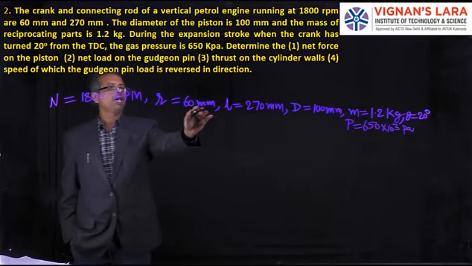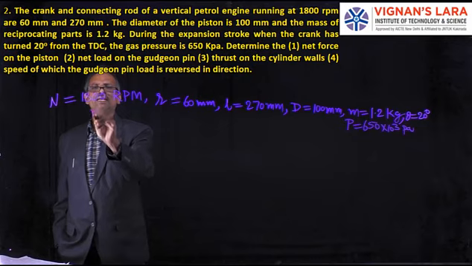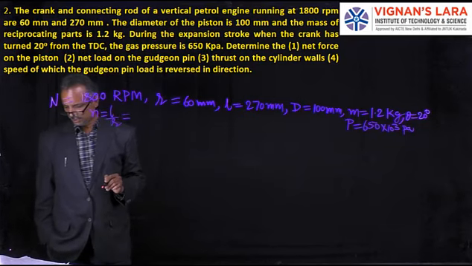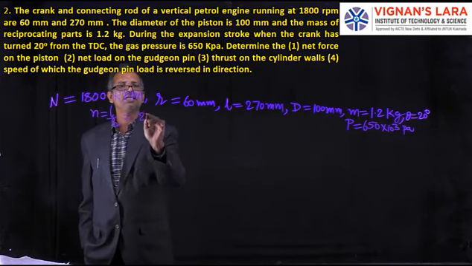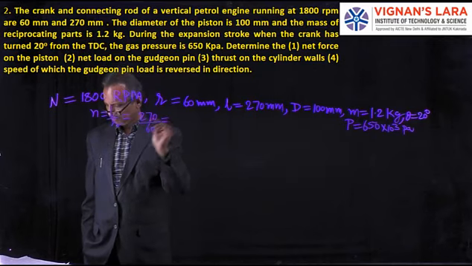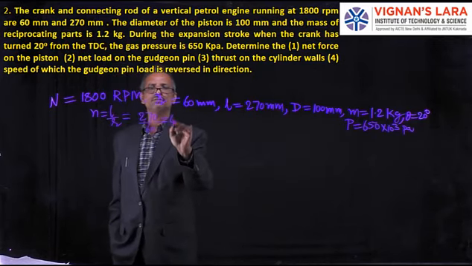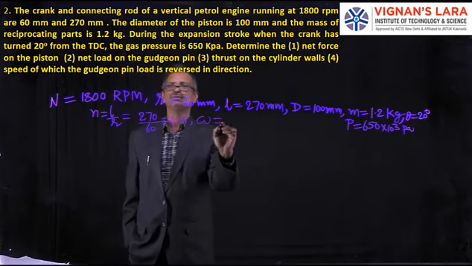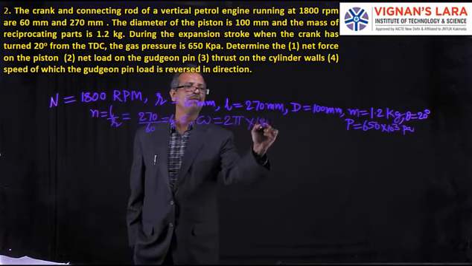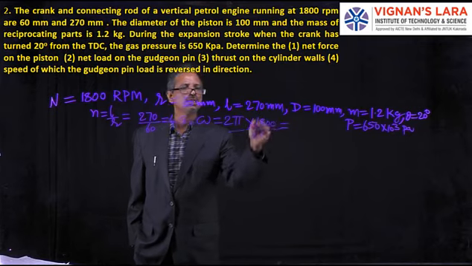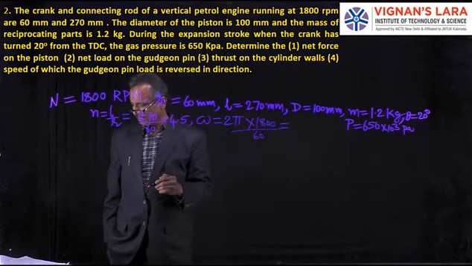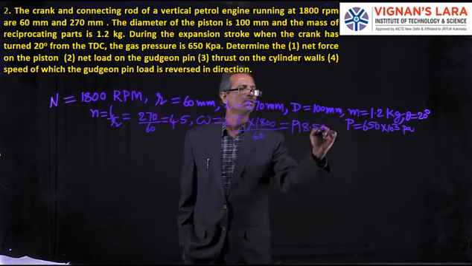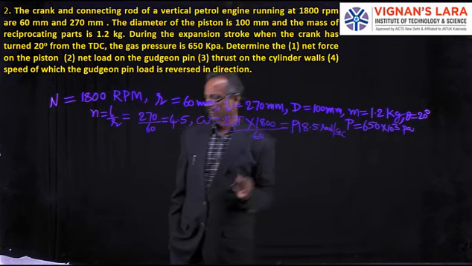So here R and L are given. I can find out n, which is L by R, that is 270 by 60, which is 4.5. Then omega is 2 pi N by 60, that is 2 pi into 1800 by 60, which is 188.5 radians per second.